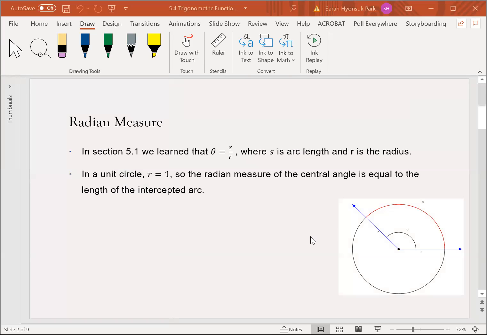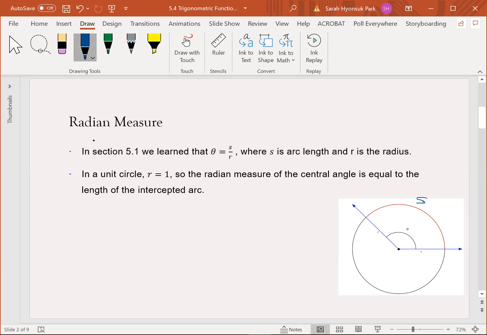So last week in section 5.1, we learned that theta is equal to S over R, where S is arc length. It's how long the rim of the circle is, this distance outside.